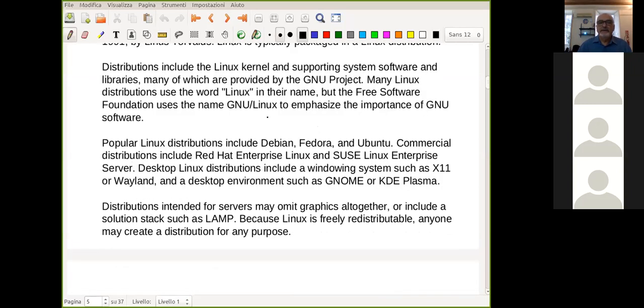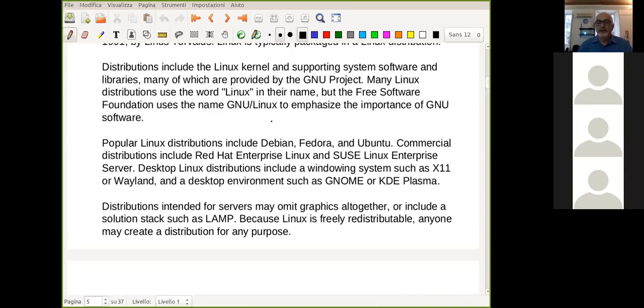In effect, the correct term is GNU Linux to emphasize the open source contract. The open source contract means that you can read the code, change the code as you like. You can resell the code in the original way or your modifications and so on and so forth.